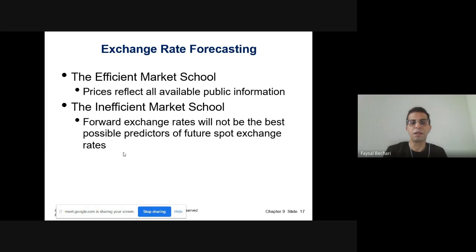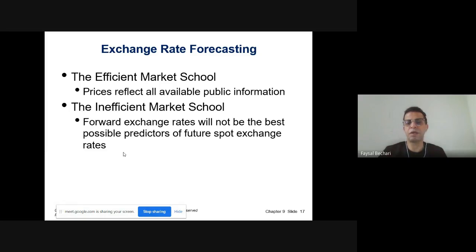Now, the efficient market school. There are two schools of thought. The efficient market school says the price reflects available public information. Whatever public information is available, the economy, the situation, it's affecting the prices.